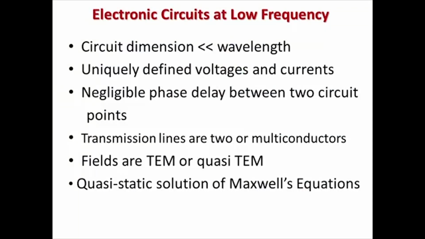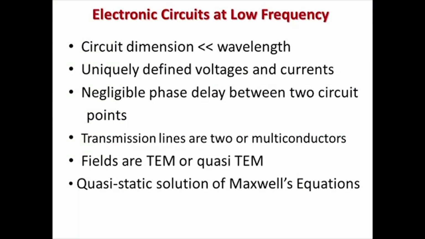But actually for a wave, definitely the voltage and current change as we move on. So, we have negligible phase delay between 2 circuit points at lower frequencies, and also we can use 2 conductor transmission lines like coaxial lines at low frequency, and in 2 conductor lines it is very easy to define the voltage and currents uniquely.